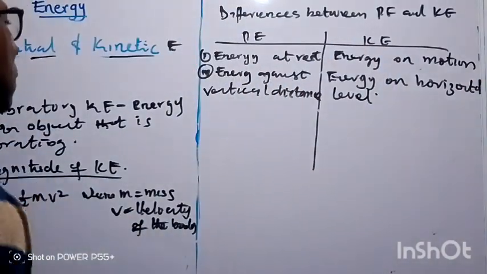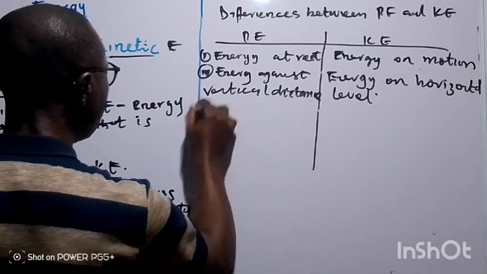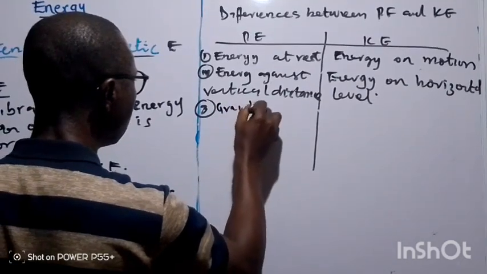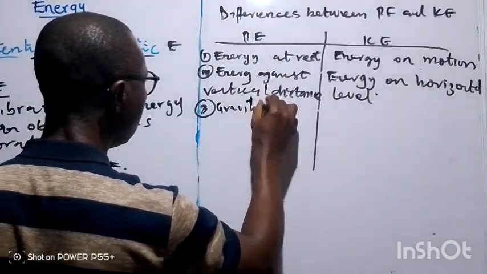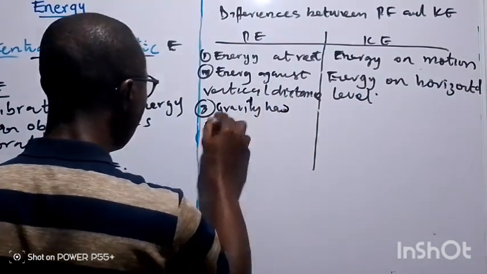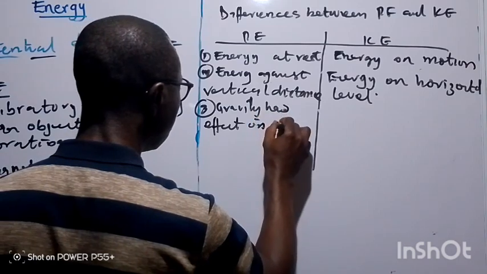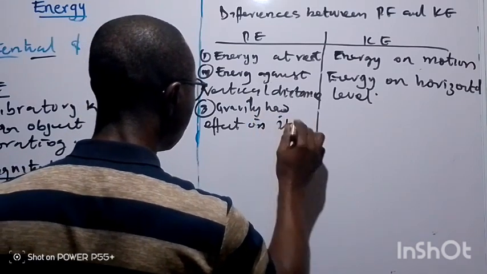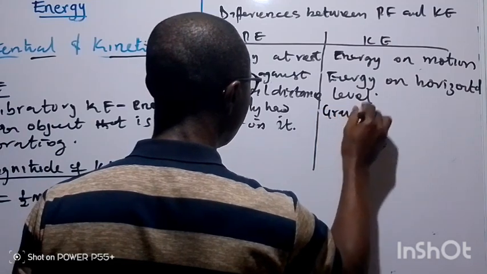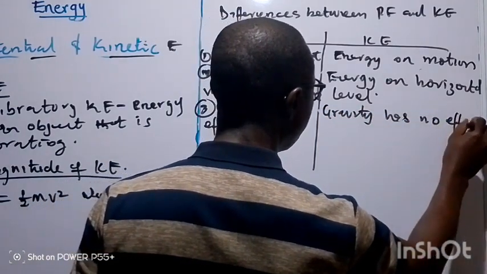Then number three, gravity has effect on it, where this one, potential gravity, has no effect on it.